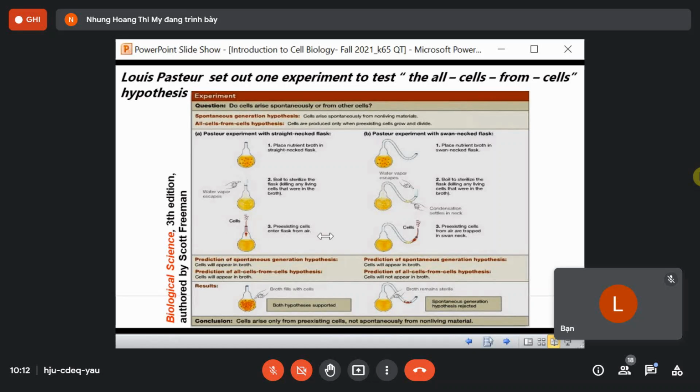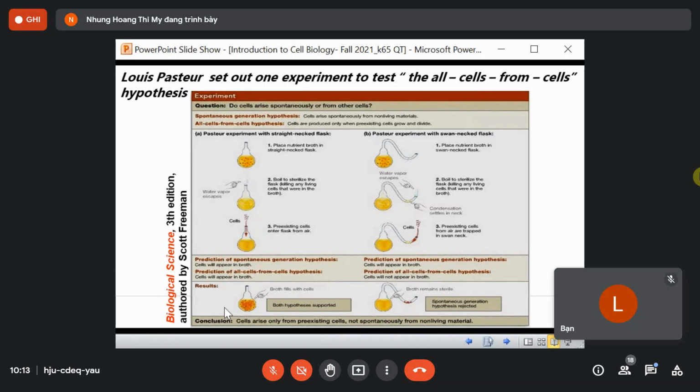After boiling and leaving the two bottles open, he observed that in the straight neck flask, the color changes, but for the swan neck flask, the color did not change.